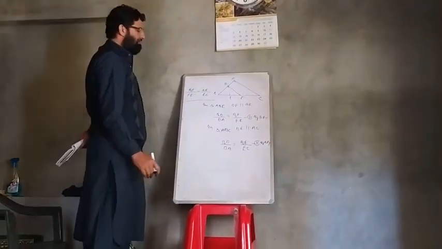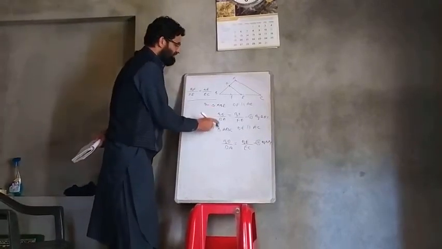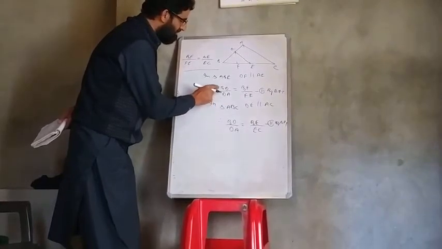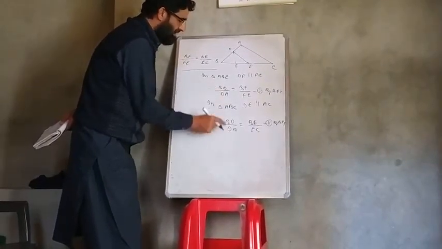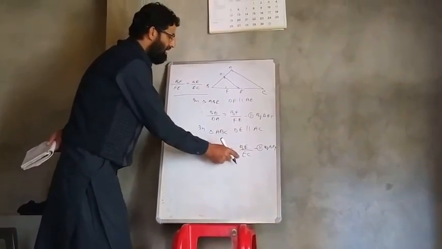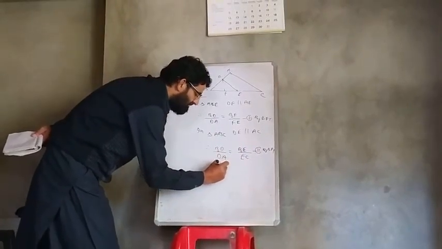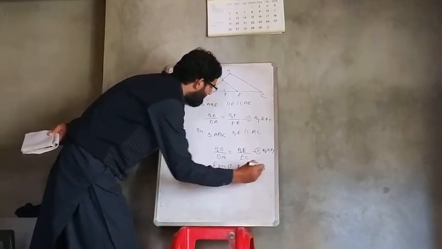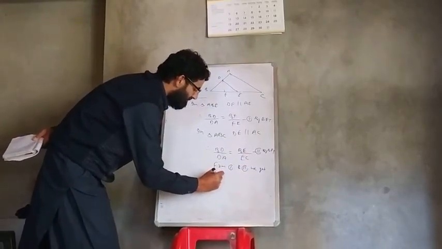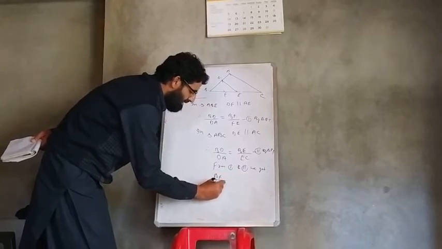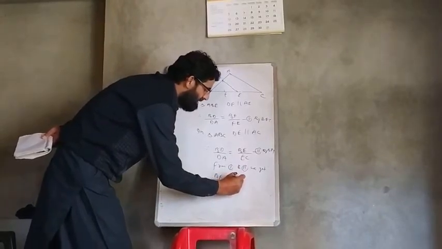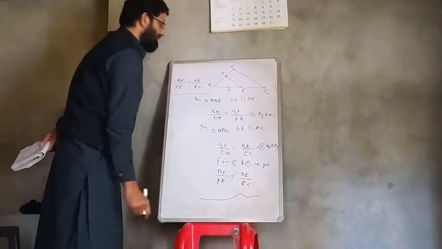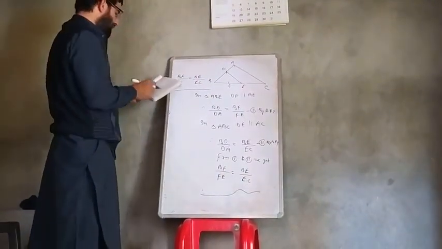Now let's compare these two equations. Left hand sides are equal, BD by DA, BD by DA. So left hand sides are equal, right hand sides are also equal. From first and second, we get BF divided by FE is equal to BE divided by EC. This was to be proved. So this was question number 4.